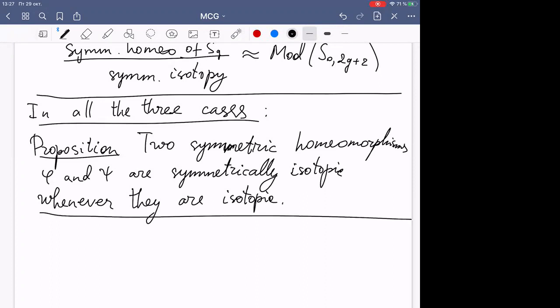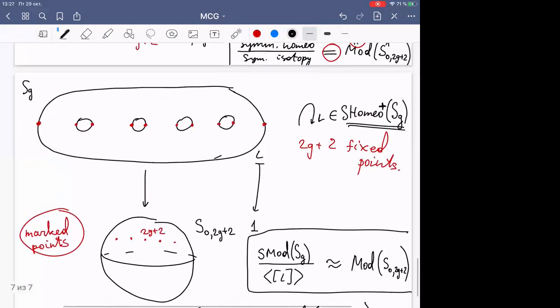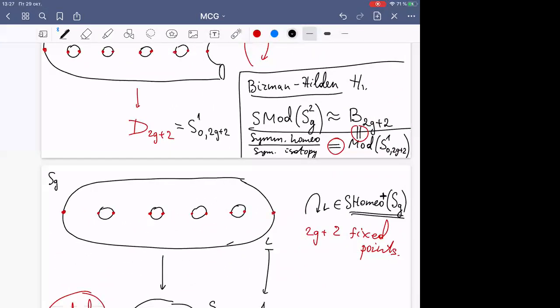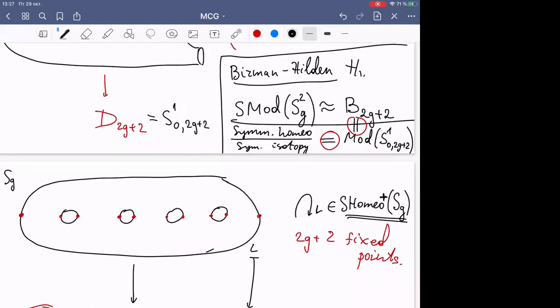So if we prove this proposition, this will finish the proof of the Birman-Hilden theorem.